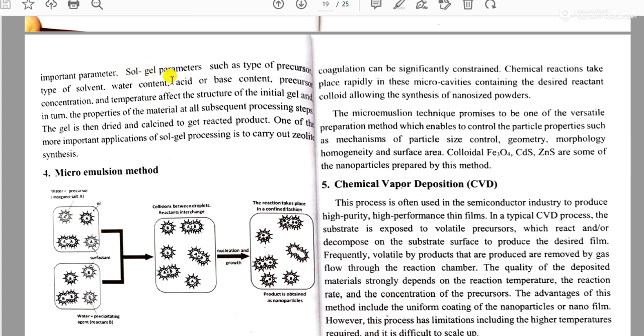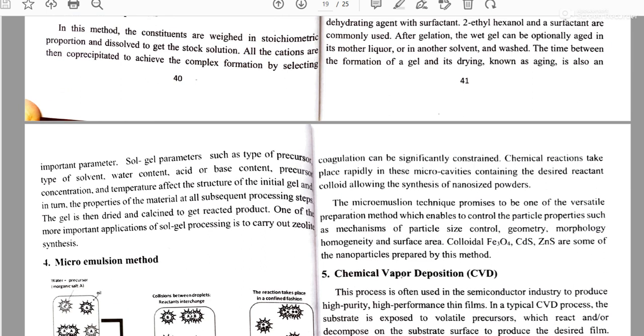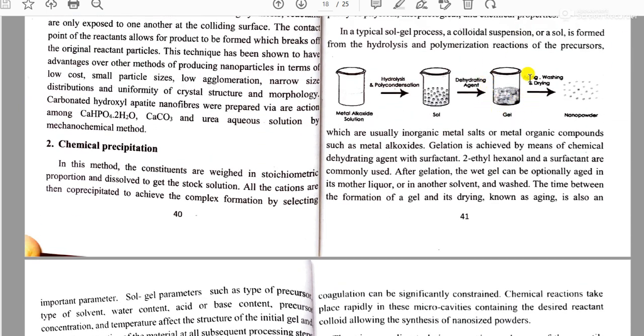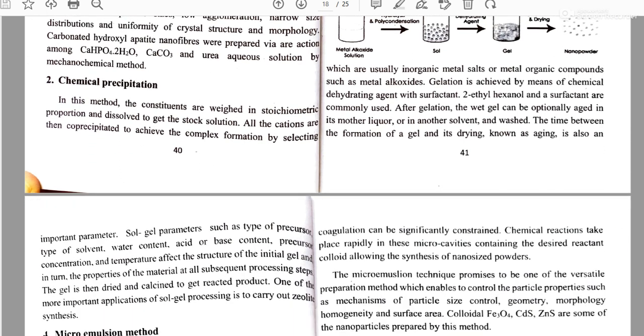So the sol gel parameters such as the type of precursor, type of solvent, water content, acid or base content, precursor concentration, and temperature affect the structure of the initial gel. So now we know that we have obtained a gel here. The microstructure of this gel is affected by all these parameters.